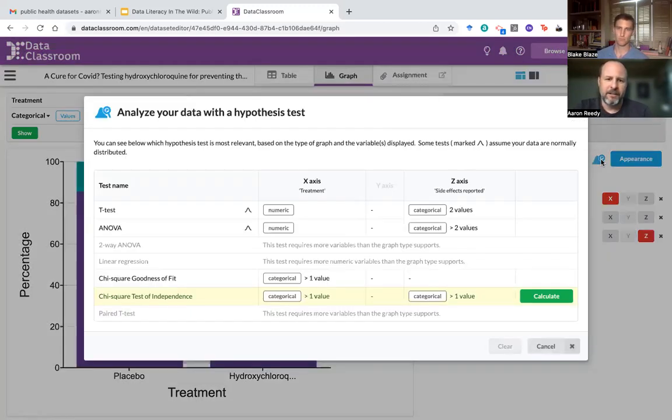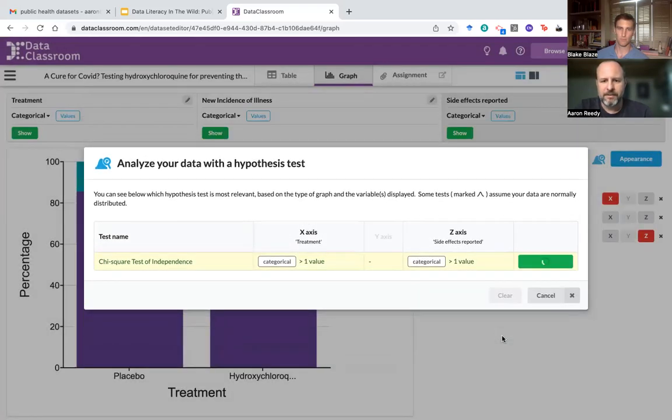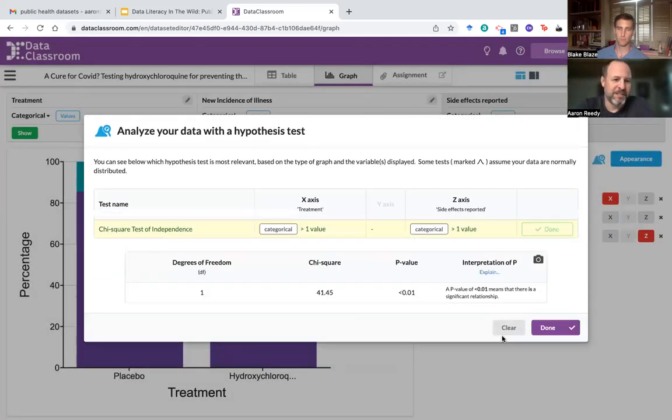If we run the chi-square test of independence again with side effects and treatment, we see the p-value is less than 0.01. So the chance of getting a difference of this magnitude in side effects is far less than 1%, if in fact there is no difference in side effects between the placebo and the drug treatment.